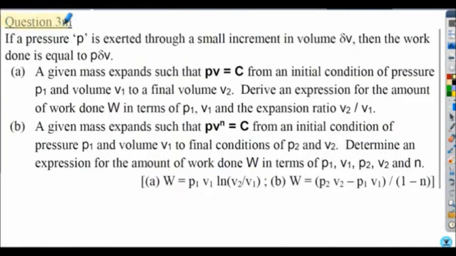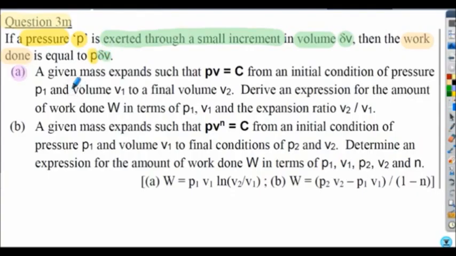Here's question 3m. We're given that if a pressure, in our case P, is exerted through a small increment in volume, labelled delta V, then the work done is equal to P multiplied by dV.